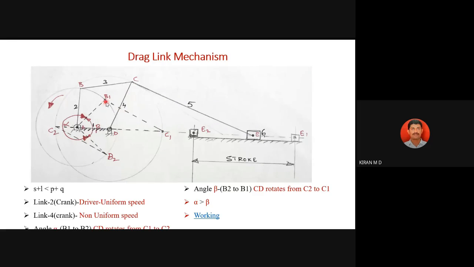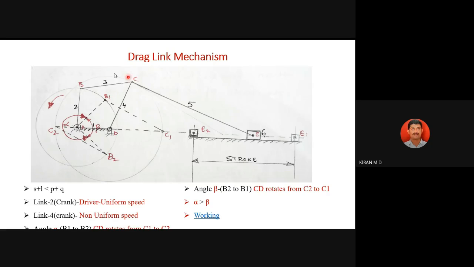When B continues to rotate to B2 in the clockwise direction, C moves from C1 to C2, which means E moves from E1 to E2. Similarly, when it continues to rotate from B2 to B1, E moves from E2 to E1 because C moves from C2 to C1.